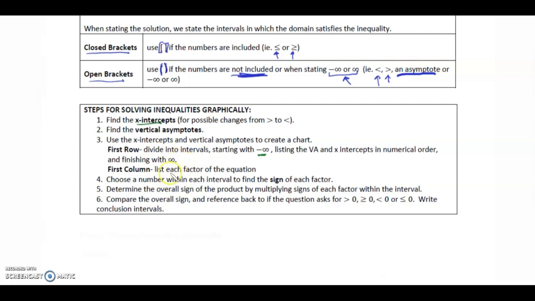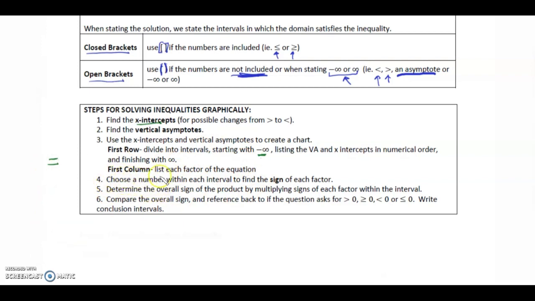It's going to look a little bit different, but very similar to the vertical asymptote chart, where we use the equal sign instead of an inequality. Then in the first column, we're going to list each factor, same as the vertical asymptote chart.